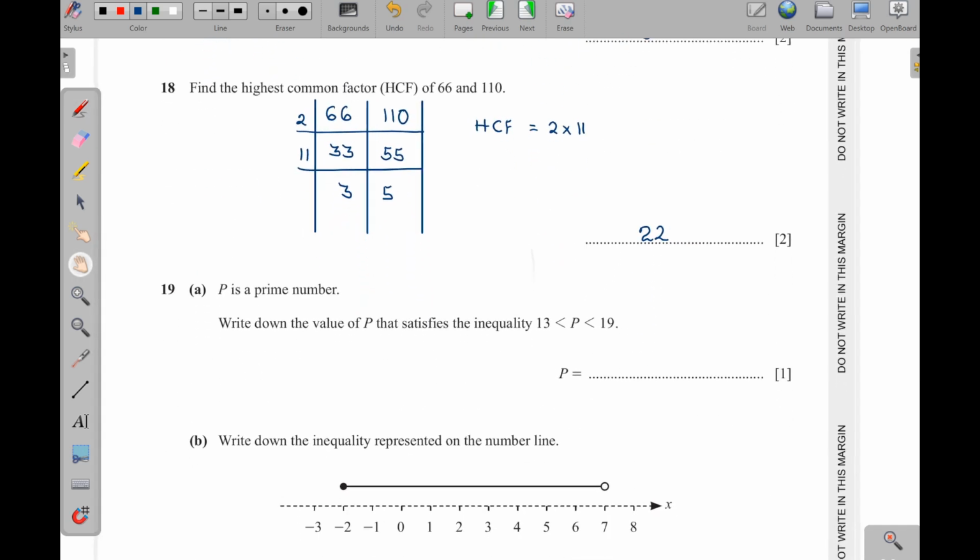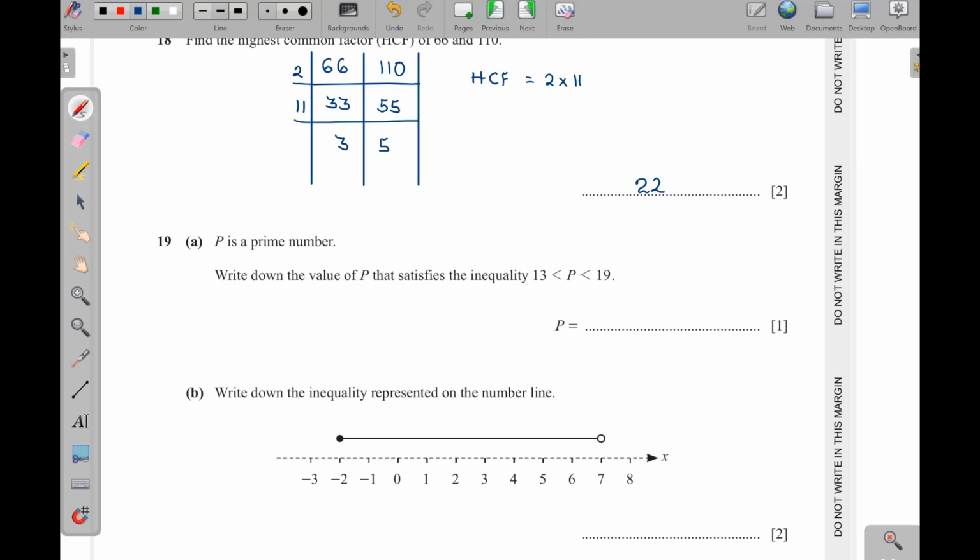Then question 19, you're saying p is a prime number. Write down the value of p that satisfies this inequality. So what's a prime number? A prime number is that number that can only be divided by itself.